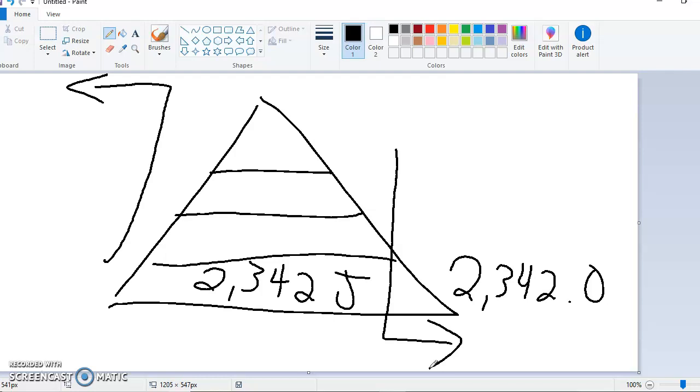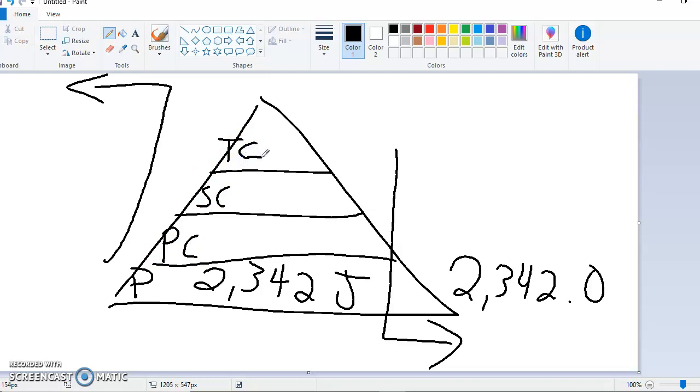So let's say they say there are 2,342 joules at the producer level. How many joules are going to be at the secondary consumer level? We have our producers down here, our primary consumers, secondary consumers, tertiary consumers.